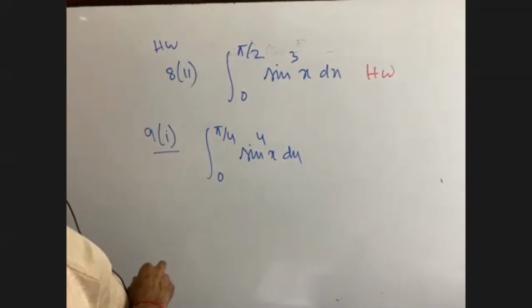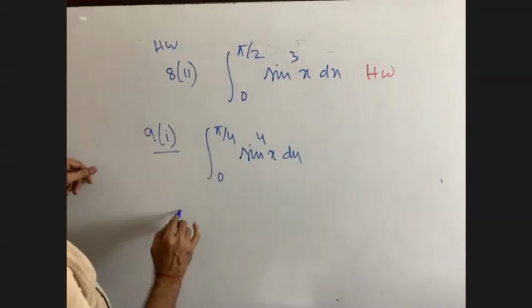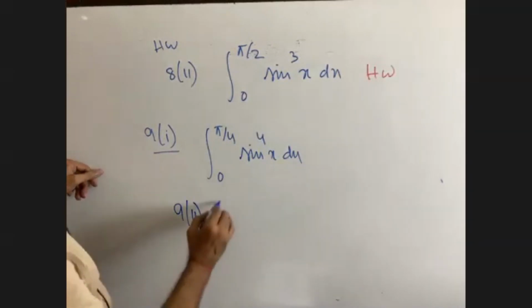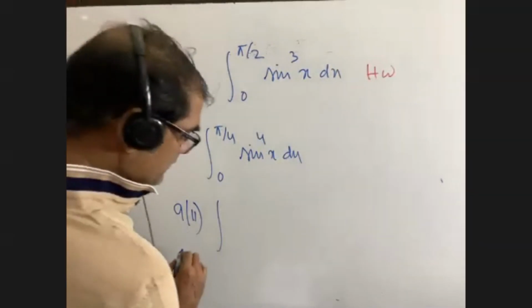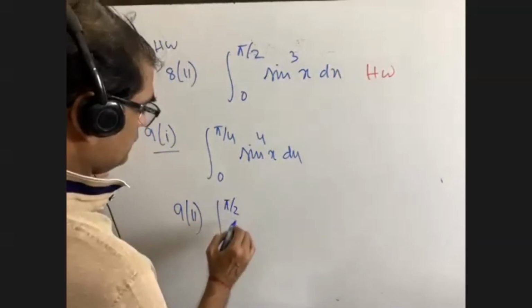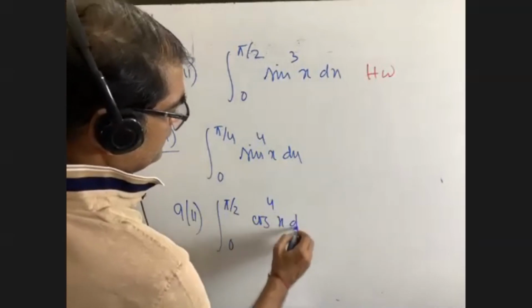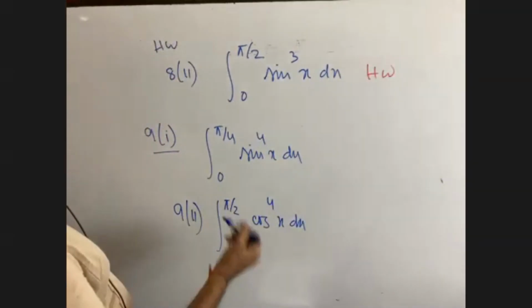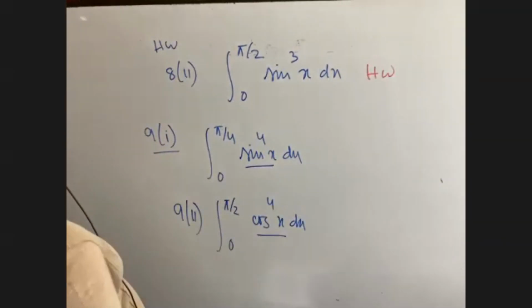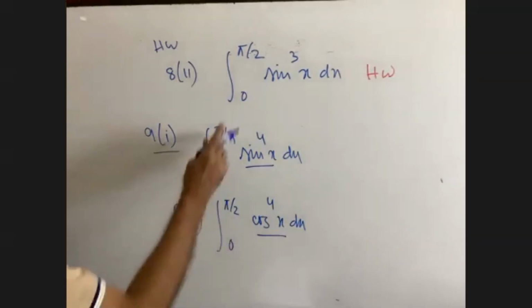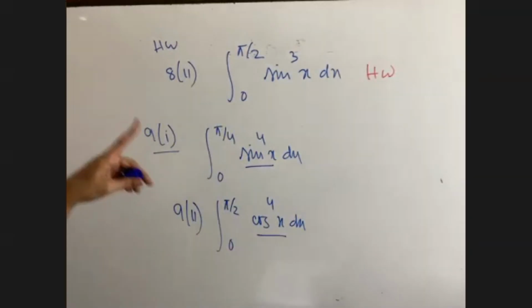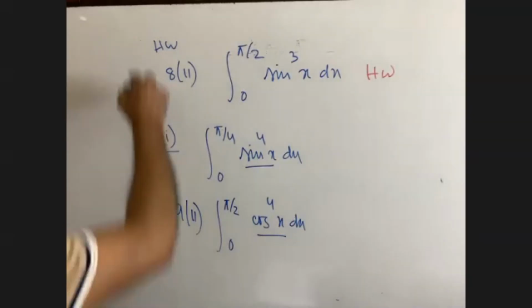Even we have got another math. This is also pi by 2 to 0 of cosine 4x dx. Can you remember that I did this math and this math? After doing this, you will just put the value. Will I do it or will you do it? So all those are important.